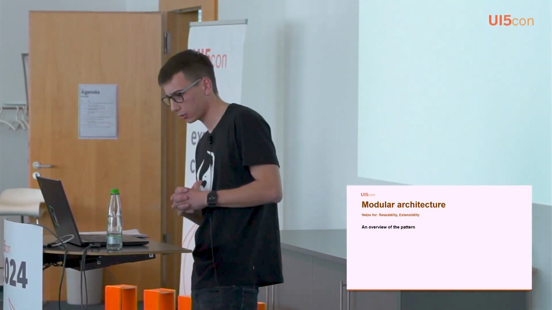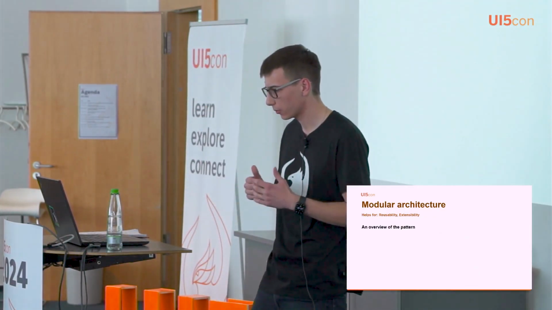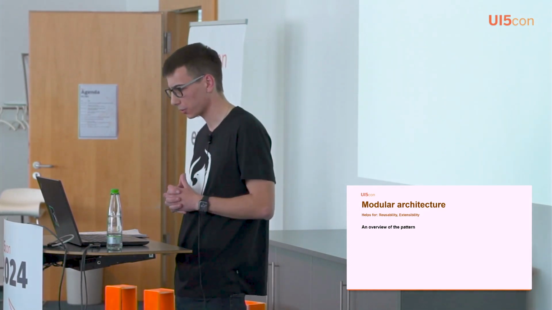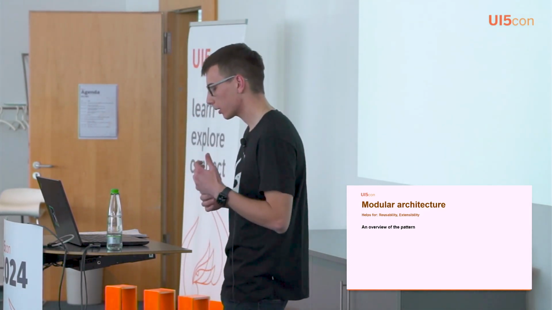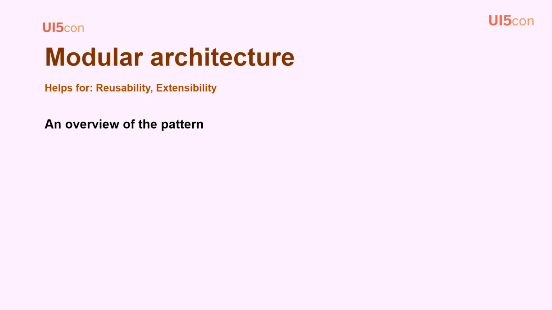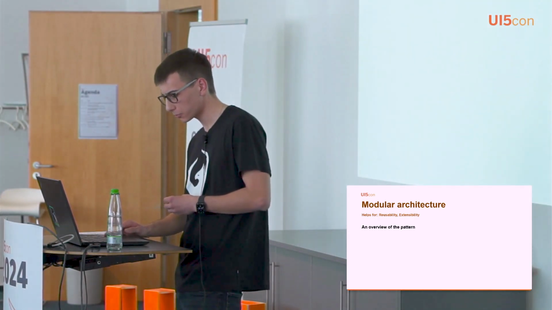The next topic I have prepared is a big one, so I will start from the definition. Modular architecture for us means structuring our applications and libraries using a consistent and functionality-centered approach. Every piece of code, every class, function, or UI asset belongs to some logical group which we call a module.